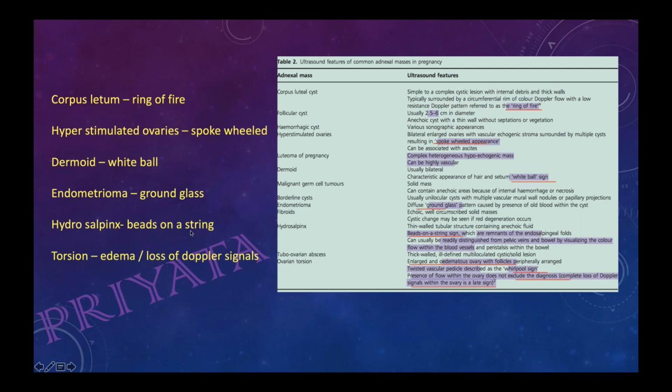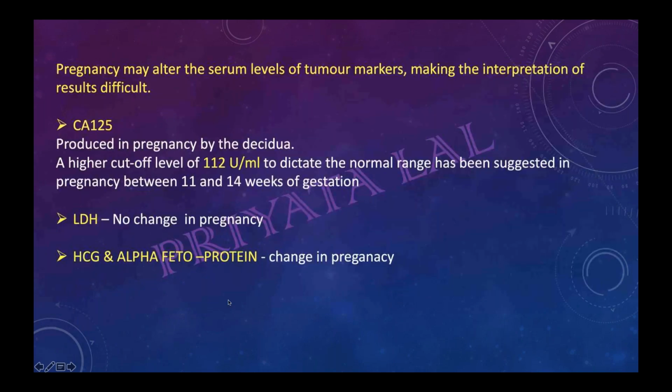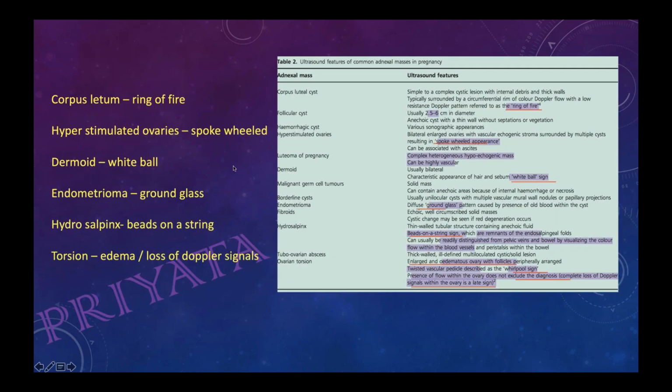Hydrosalpinx looks like beads on a string. These are the buzzwords in the USG scan. Sometimes they will give only these words, so you will be able to make the diagnosis. And in torsion, there will be edema and loss of Doppler signals. So these are the USG signs and these are the pathologies.